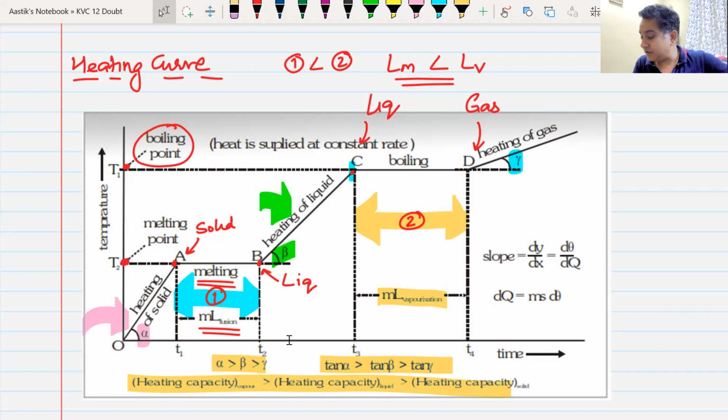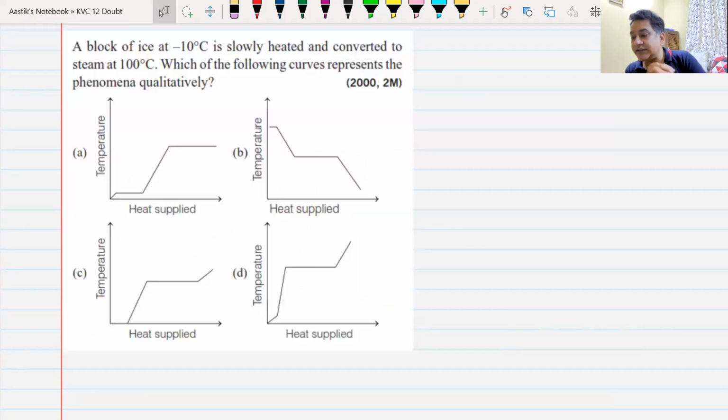We move on to this question, which is definitely a question that has come in your previous year JEE Advanced, 2002 marks. I already have an answer, and the answer is option A. Do we understand option A?